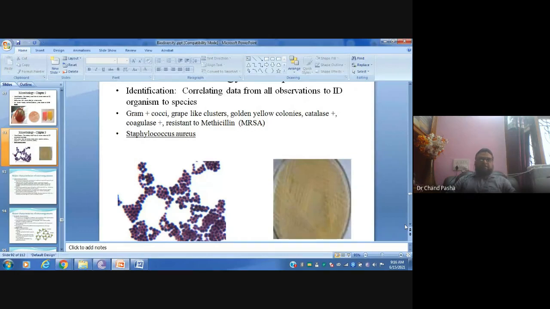But when you add the broth or a little culture of Staphylococcus aureus, it will clot, because of the coagulase enzyme produced by the Staphylococcus aureus. So whatever the fermentation patterns, enzymes or metabolites it is giving, that is a uniqueness. If a gram-positive bacteria is catalase positive and coagulase positive, it is certain that it is Staphylococcus aureus. So this will help you differentiate from the other groups.